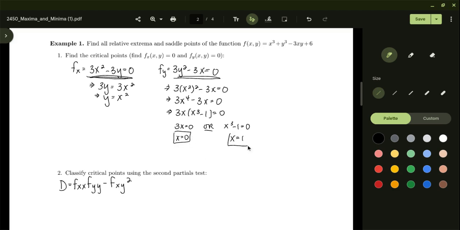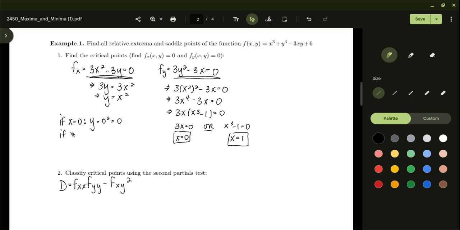We now need to find the values of y when we plug these in. So we're going to plug these values of x into the equation y equals x squared, since we already have it solved for y. If x equals 0, we get y equals 0 squared, which is 0.